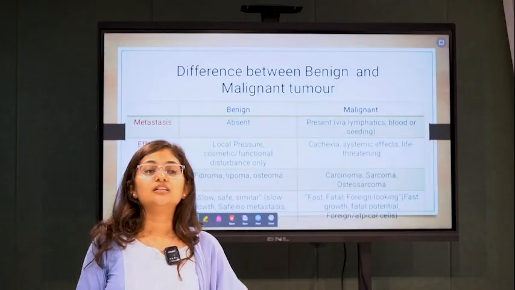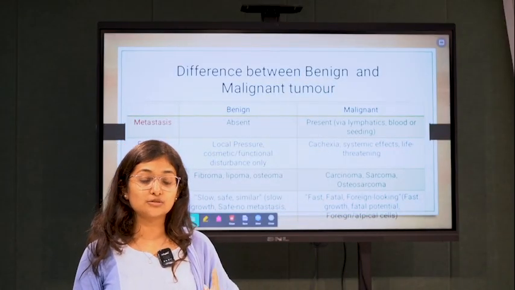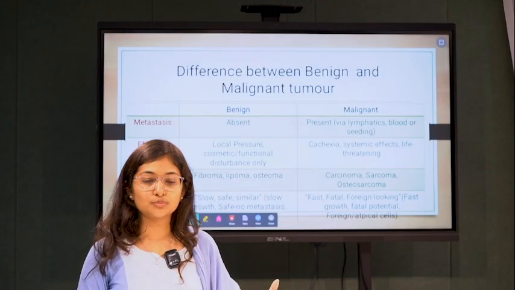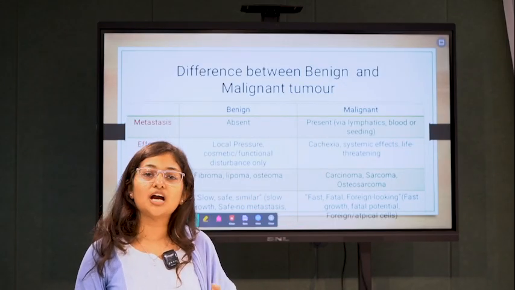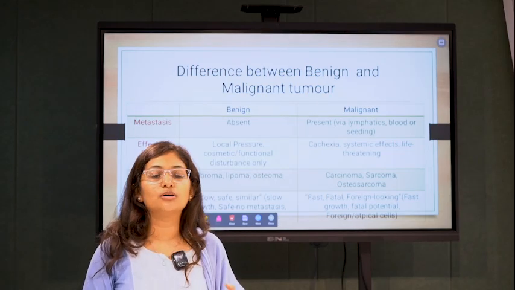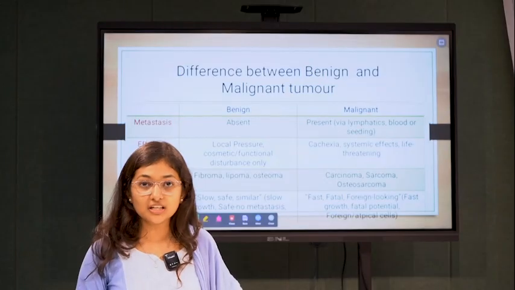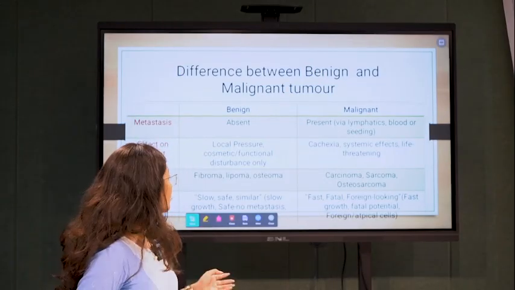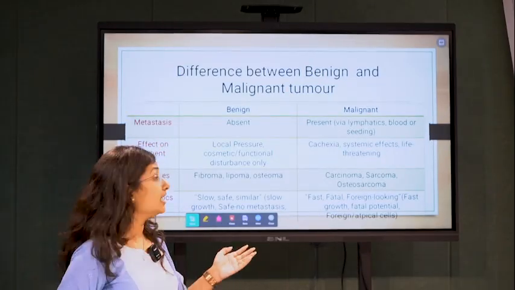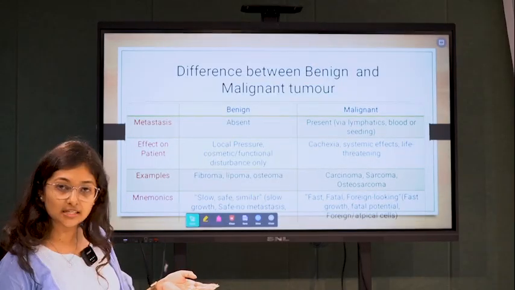Metastasis means the neoplastic tissue travels through the lymphatic vessels or the blood vessels and proliferates in other sites of the body. It is absent in benign, and in malignant it is present via lymphatics, blood or seeding.